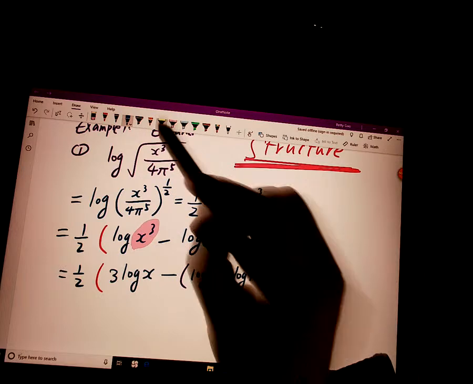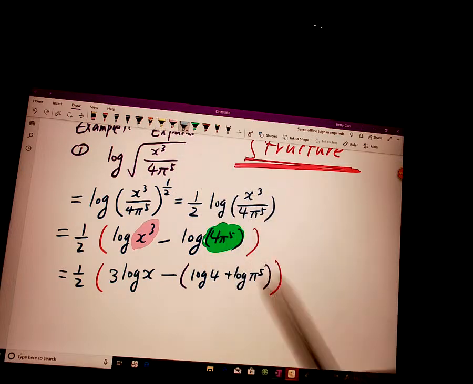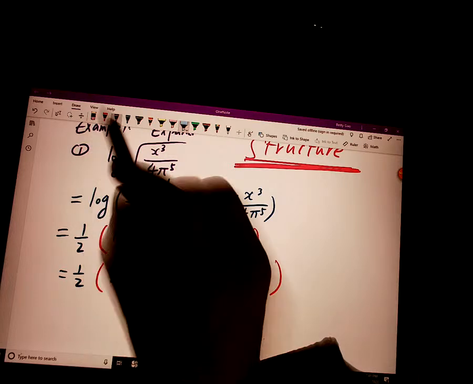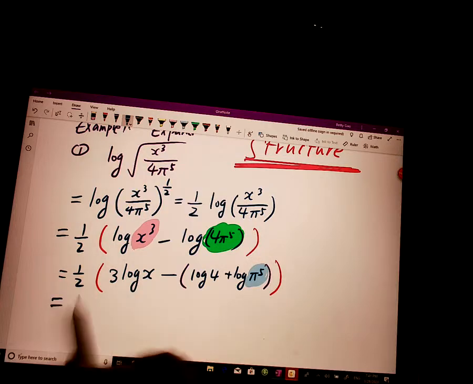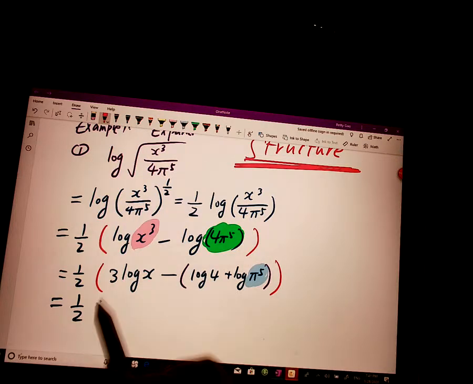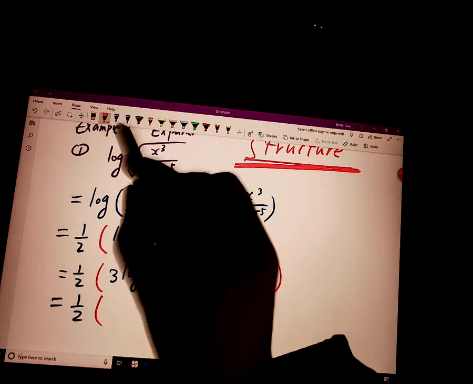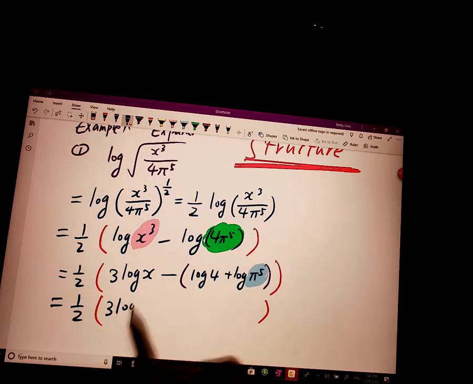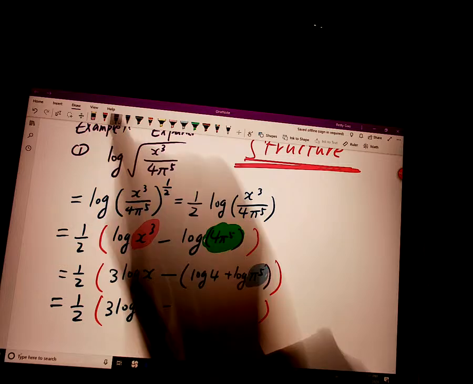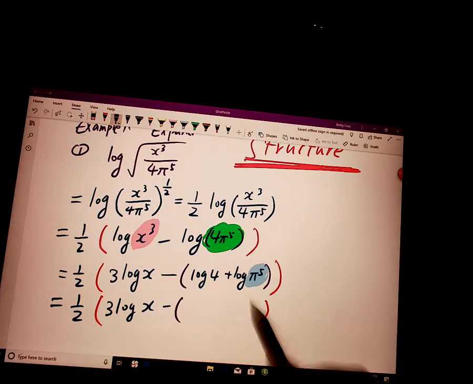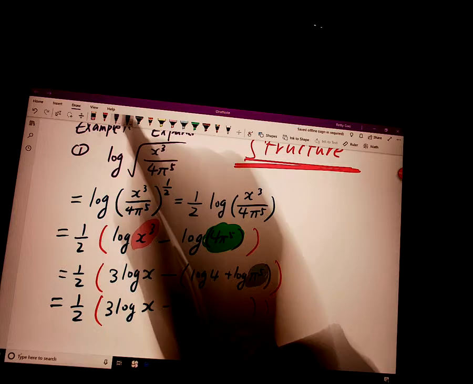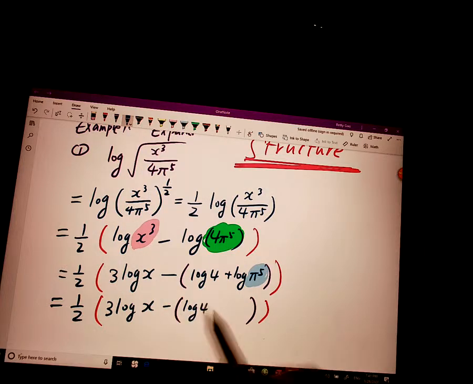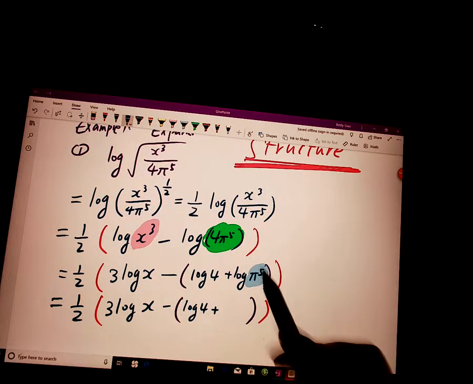And one more thing, if you see pi to the fifth, that antilog has a power structure, right? We could actually apply another power rule here. So let me copy half, copy the red parentheses, copy 3 log x minus the black parentheses. Inside the black parentheses, we have log 4 plus, we're going to move 5 in front.